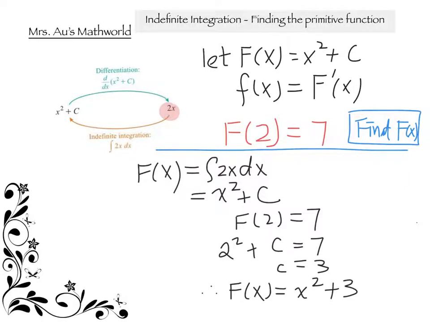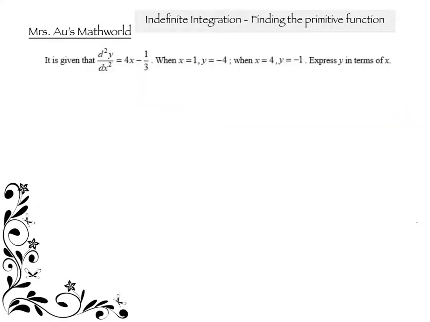Let's give you one more example. This time you are given a second derivative of a function, which is 4x minus 1 over 3. Then you are given these two pieces of information, and at last you are asked to express y in terms of x. So for the question we are given the second derivative.